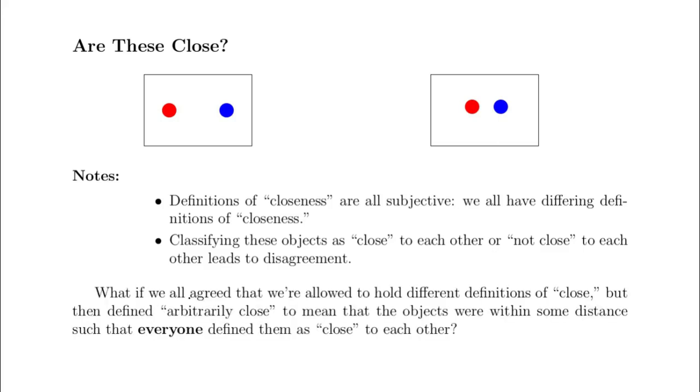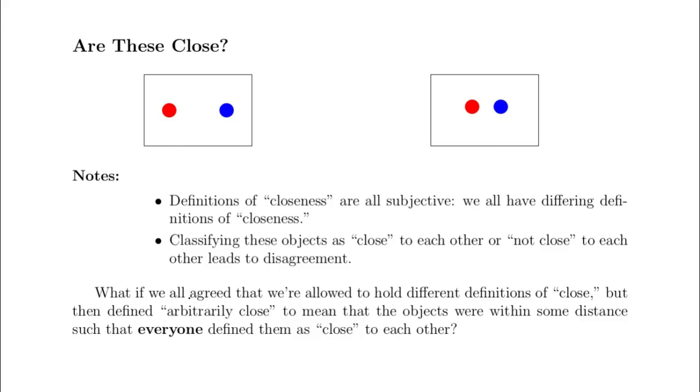So let's take that thought exercise. What if we did all agree that we're allowed to hold different definitions of close, but we have a different term, arbitrarily close, and that means that we could come up with some objects that are close enough to each other that they meet every standard of closeness that anyone could possibly have.